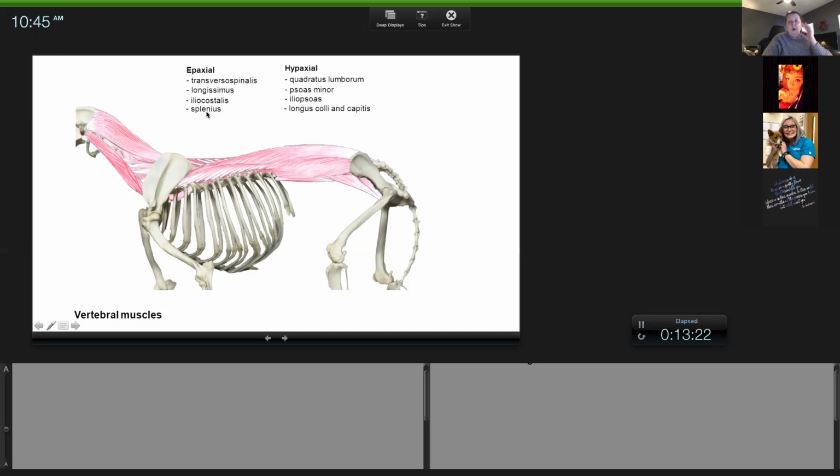Okay. You don't need to know those individual muscles. I just want you to know them as the epaxial group. There are some that are called the hypaxial and epaxial: iliopsoas, psoas minor, quadratus lumborum. Between these 2 groups, we call them the epaxials. We kind of group them all together.